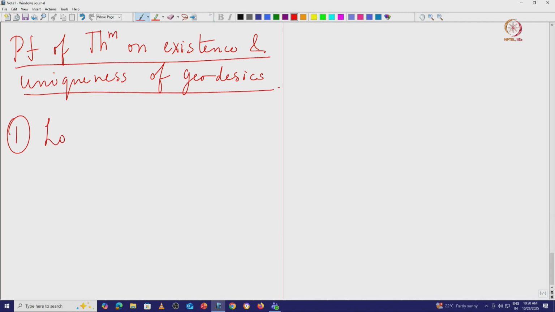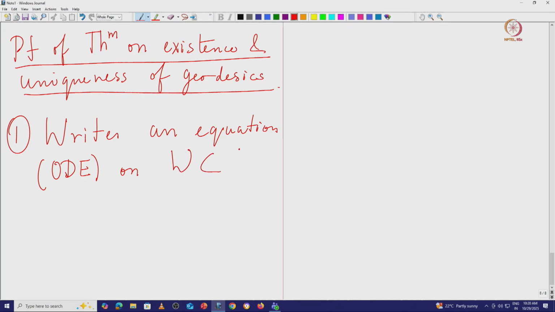One is we need to write everything in local coordinates, so we need to write an ODE on some open set in R^n.